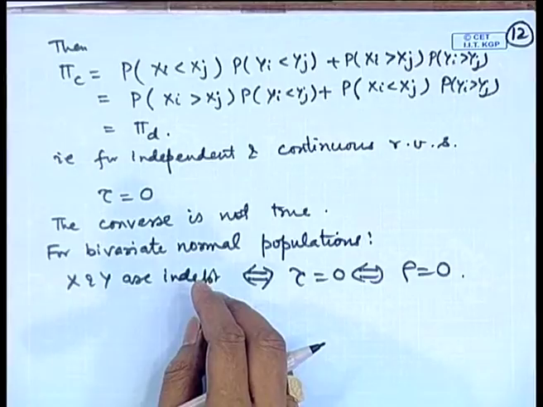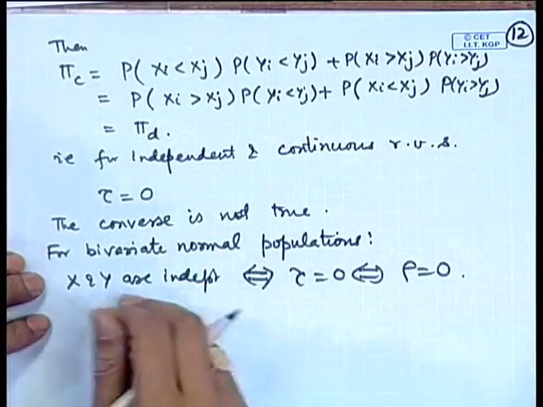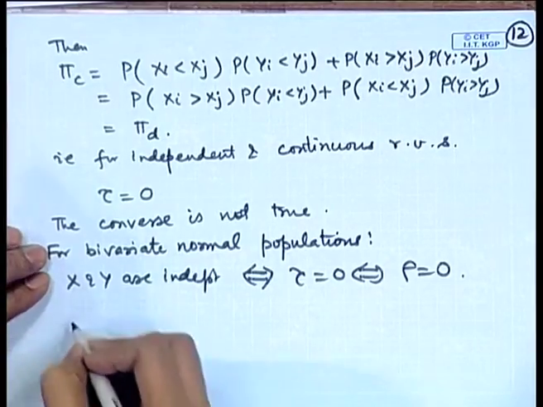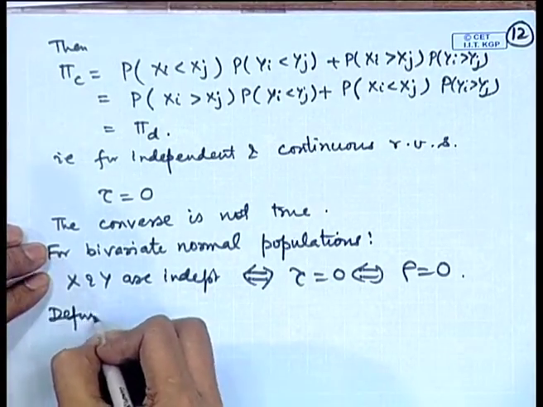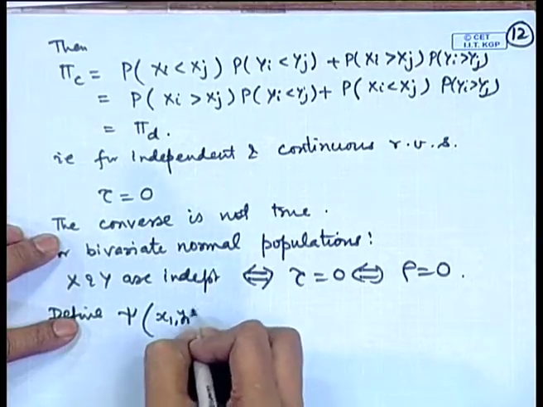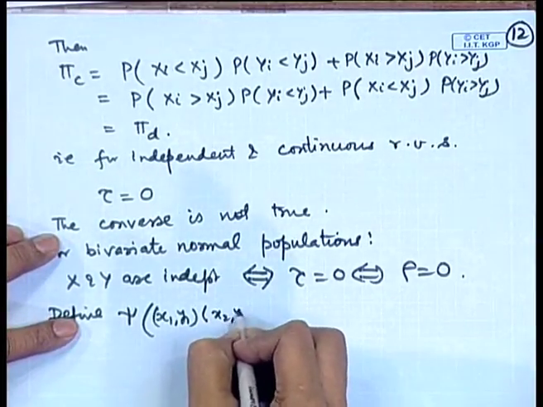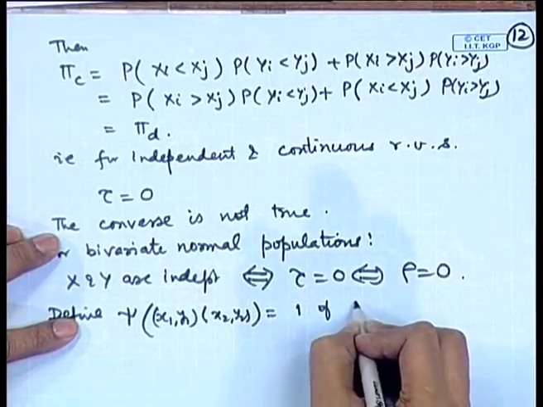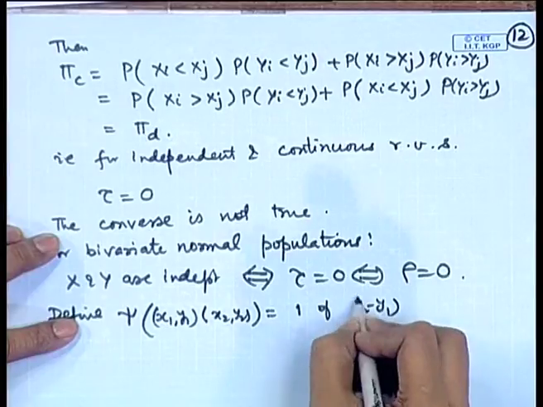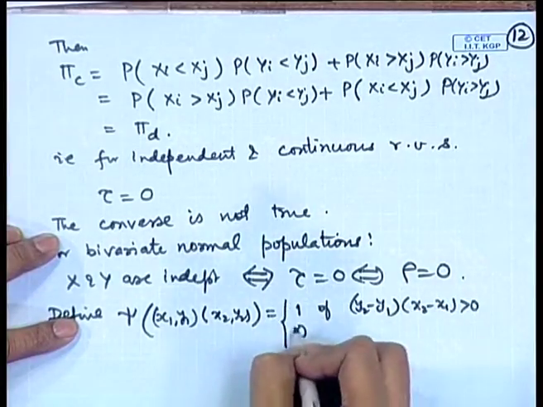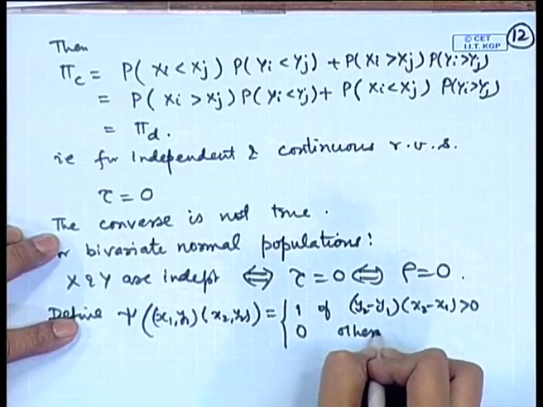We look at a sample measure, or you can say a sample estimate, for tau. So, we can define like this: define a psi function for the pairs (x1, y1) and (x2, y2) as 1 if they are in concordance, otherwise 0.